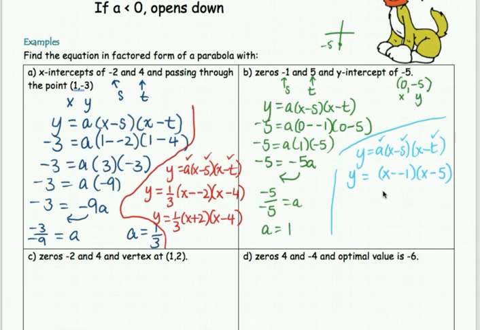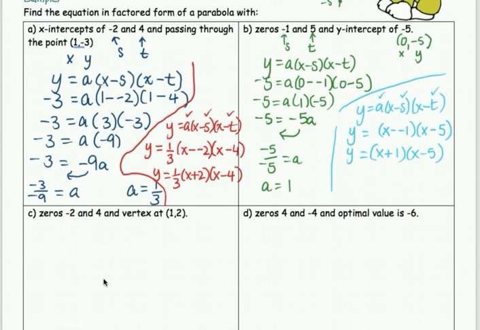And then t is 5. Okay, and then just clean up any signs that are side by side like that, to get a final answer like that. So there's your factored form there, and there's your factored form here. All right, okay, let's move on to the next one.